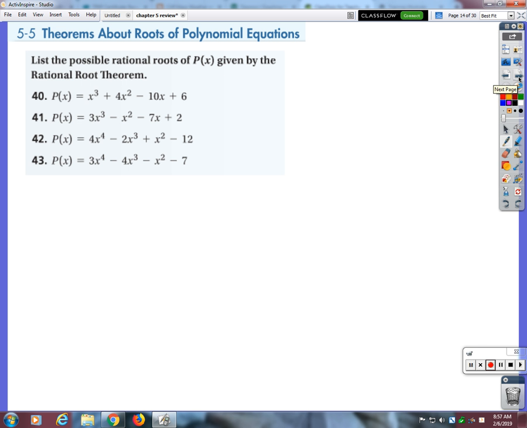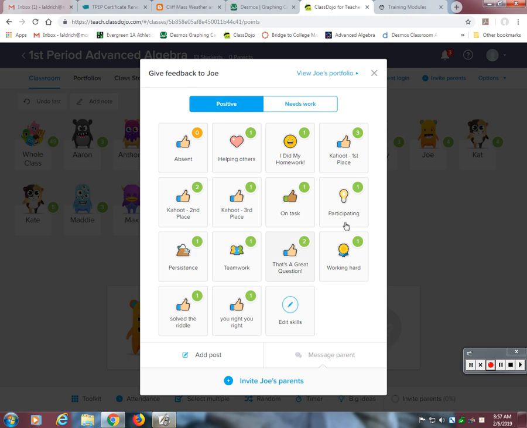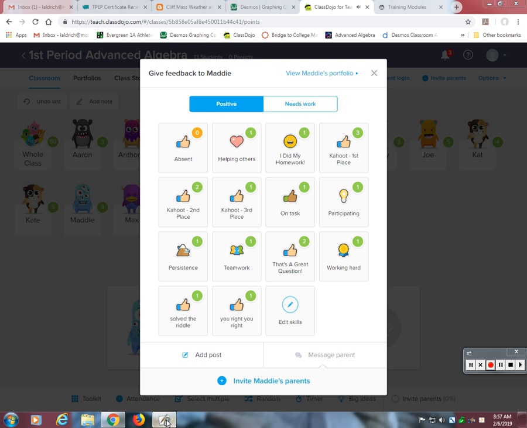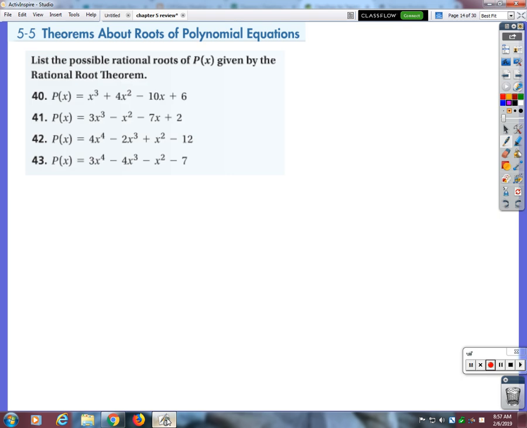Okay, then we did this whole weird thing where we could figure out what the possible rational roots of things were. So for number 40, we're just listing them. We're not figuring out which ones actually work. So Maddie, it's the factors of 6 divided by the factors of 1.